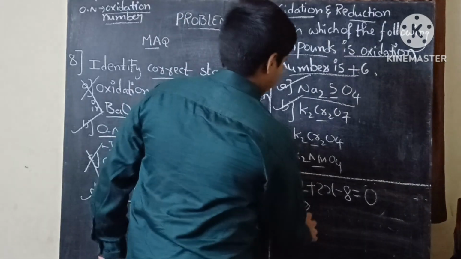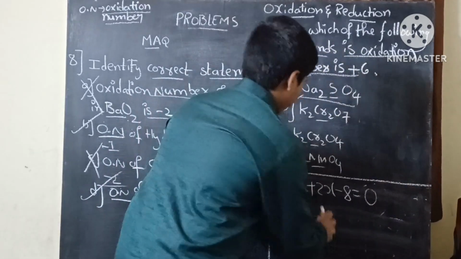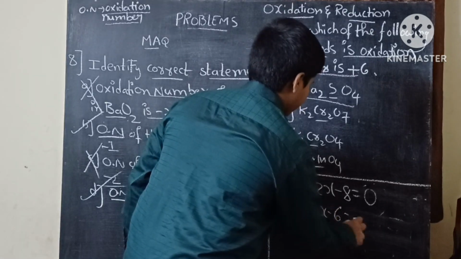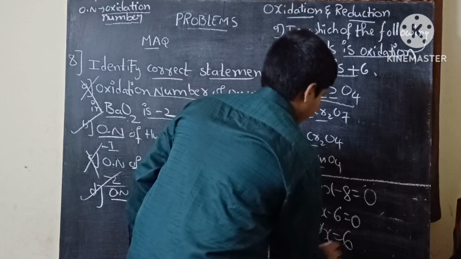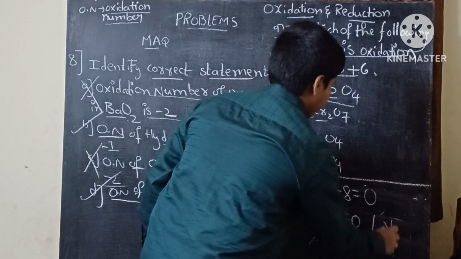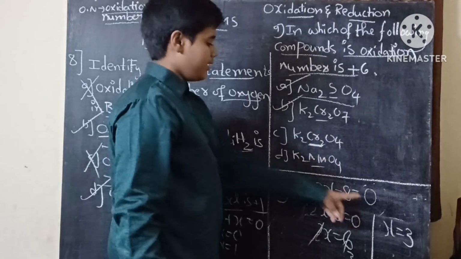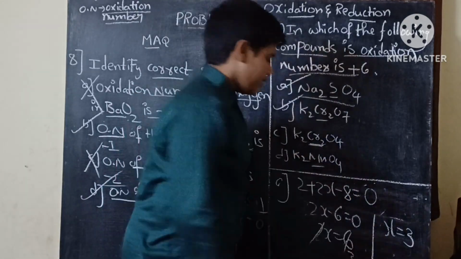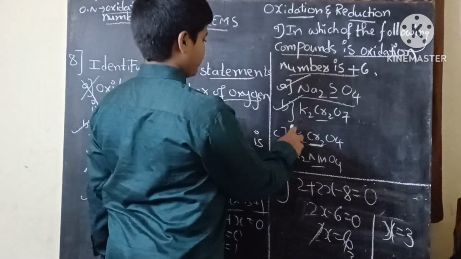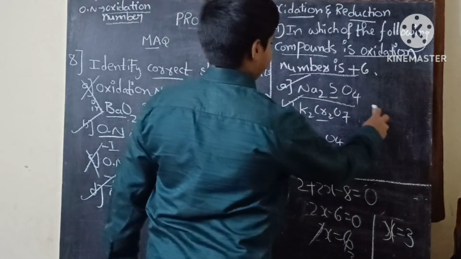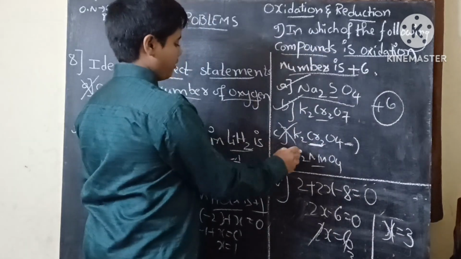So 2 minus 8 means minus 6. So 2x minus 6 equals 0, so 2x equals 6. So the oxidation number of chromium is x equals 3. Here we have to find plus 6 only, not plus 3 or other numbers. So option C is wrong.